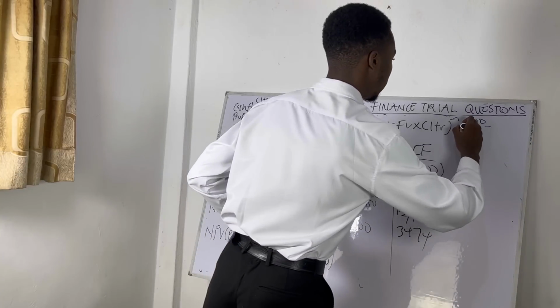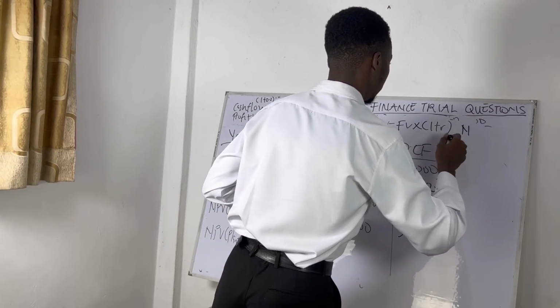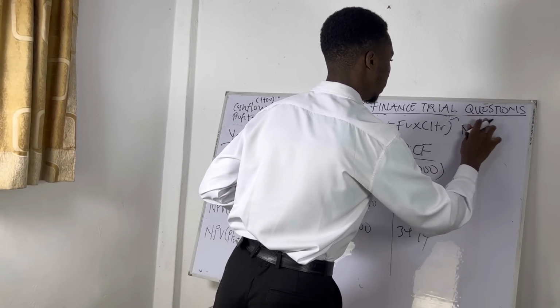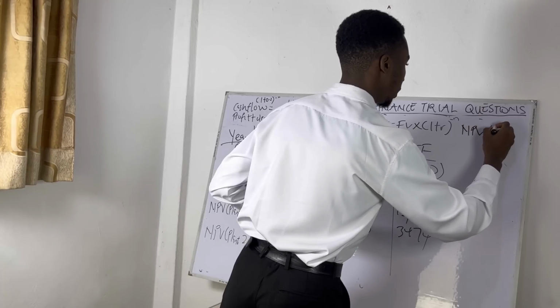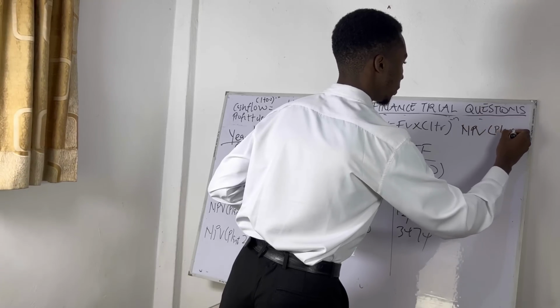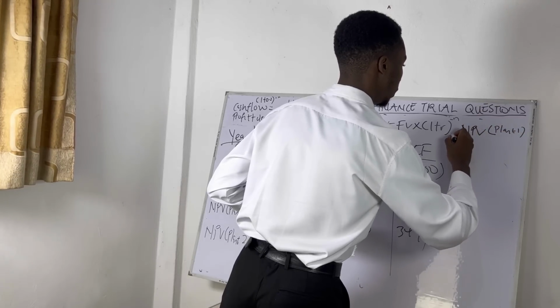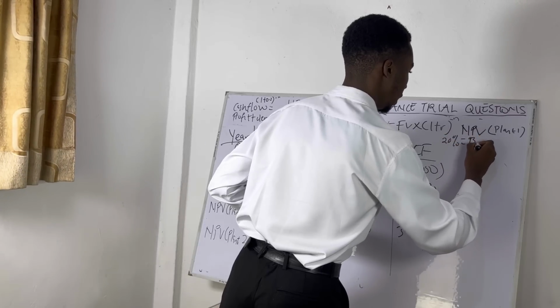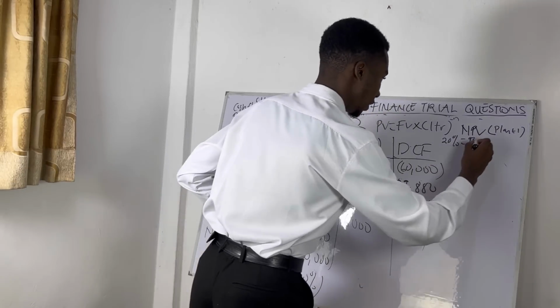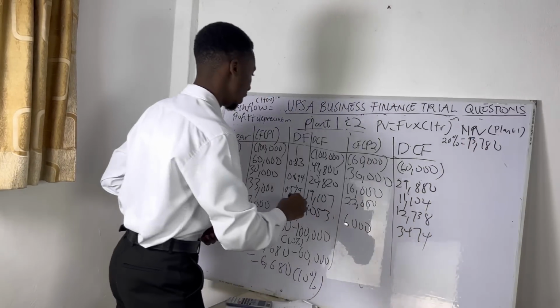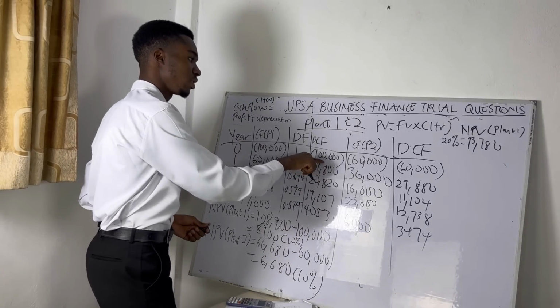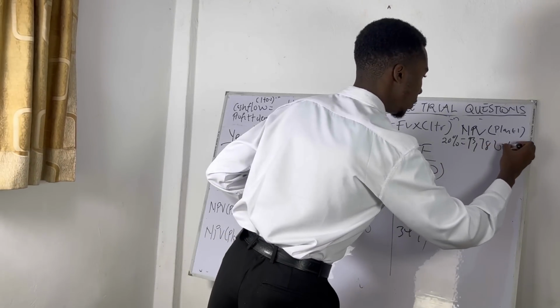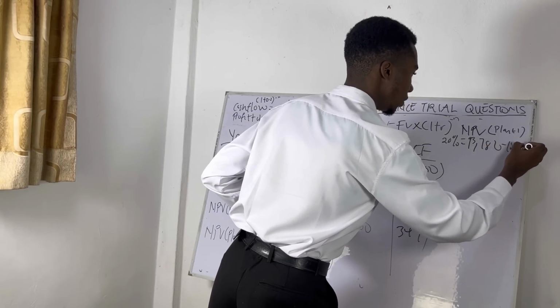So net present value, in brackets plant 1, using 20%, is equal to 93,780. That's the total of all this, minus the 100,000, which is the cost. So please don't forget it anytime you are doing it.